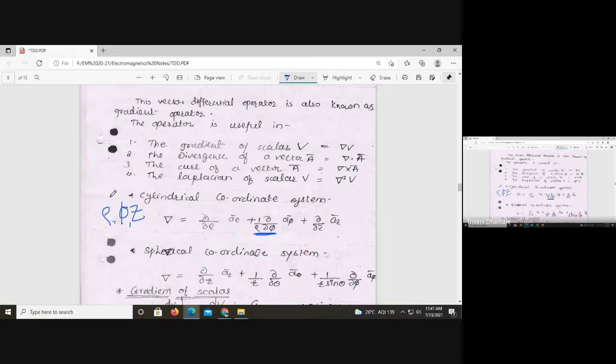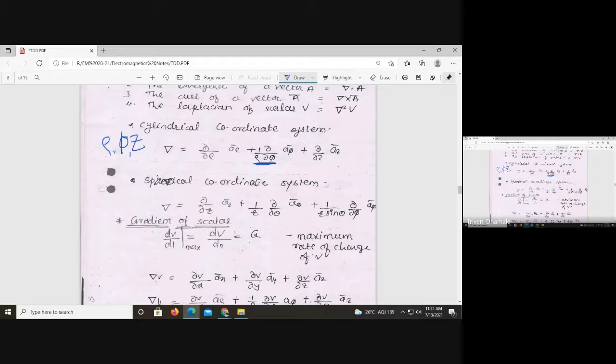It is rho d phi. So take that differential length at the denominator side, that is rho d phi, but here it is the partial differentiation. So 1 upon rho, partial derivative with respect to phi, a phi cap, plus partial derivative with respect to z, a z cap. This is the del operator in the cylindrical coordinate system.